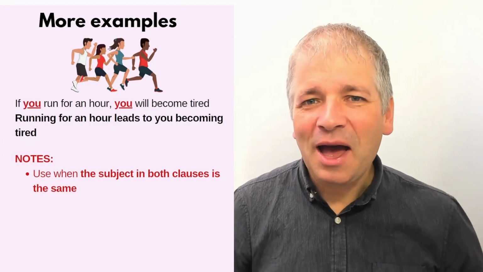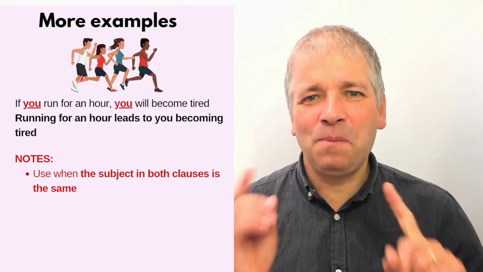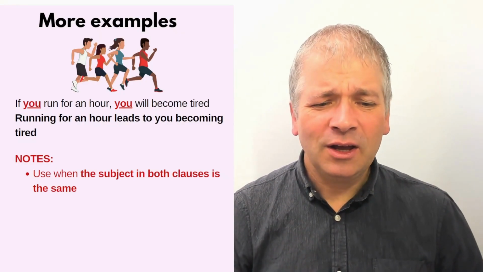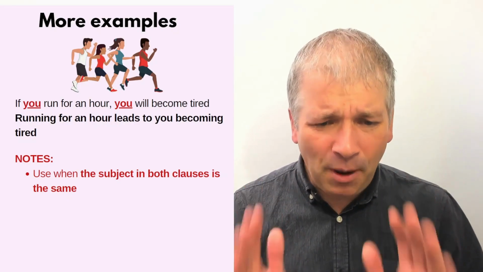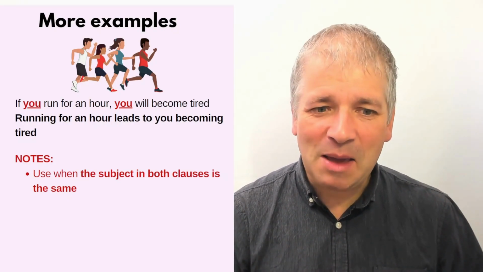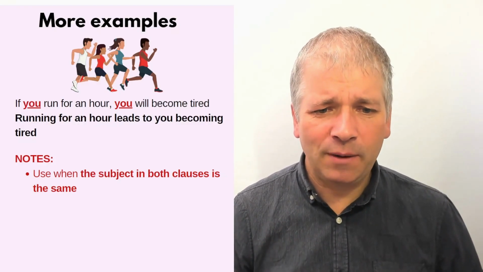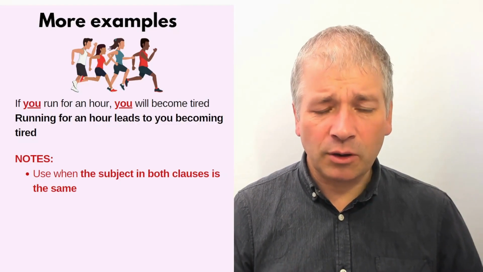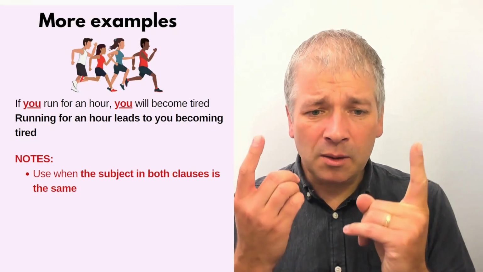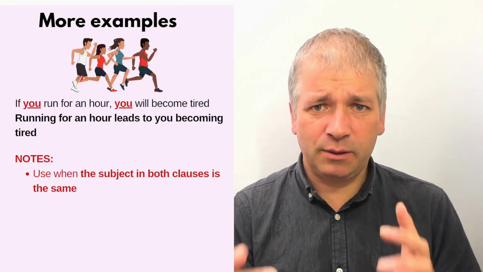Back to our example then, and there's something else to know that's important. You can only use this when the subject in both clauses is the same. So if you run for an hour, you will become tired. So notice we have you in both parts here, the same subject.